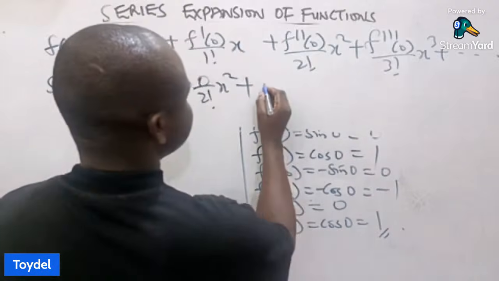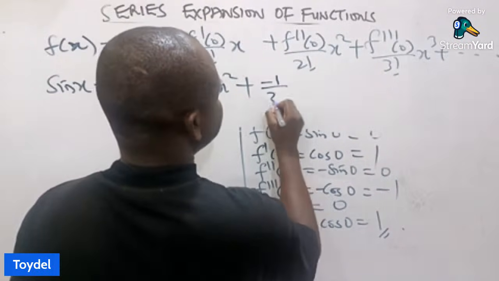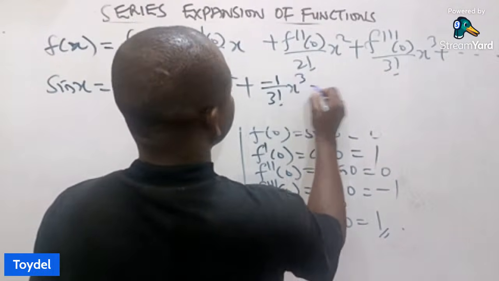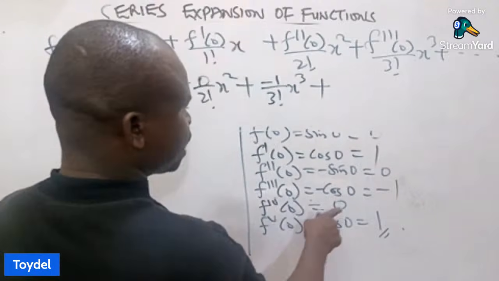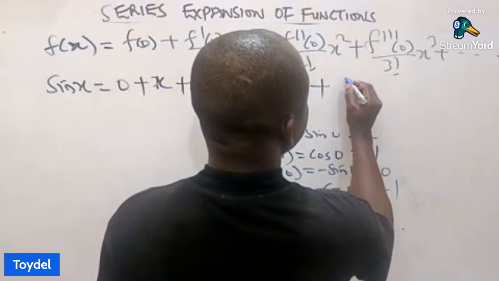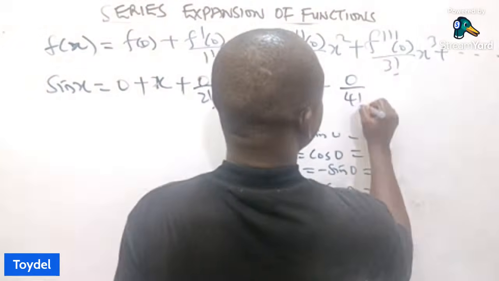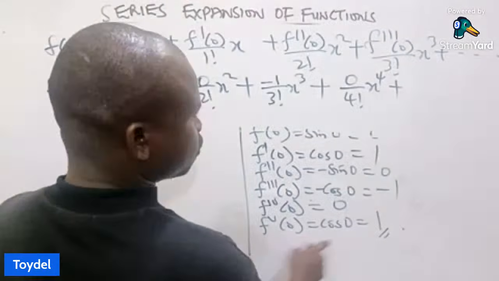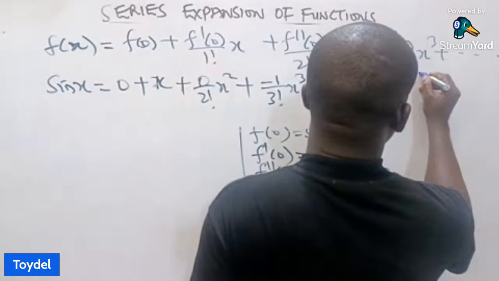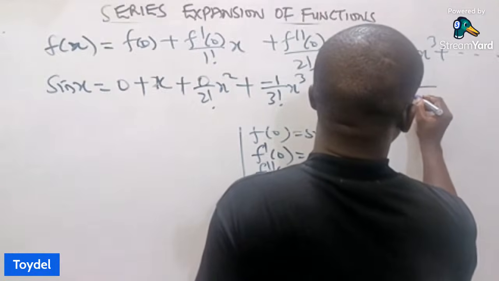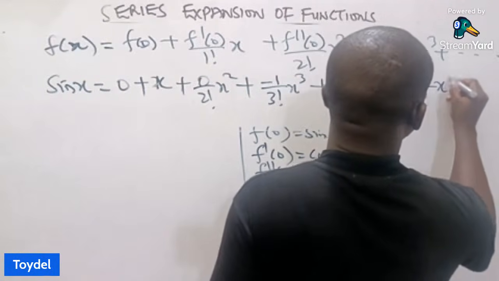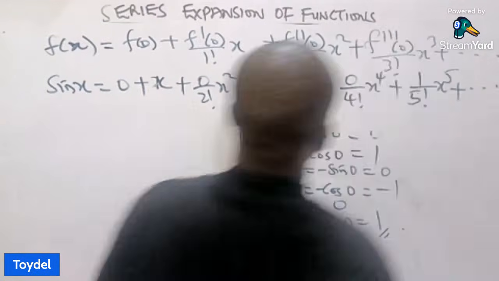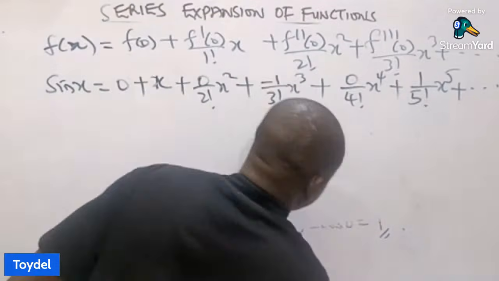So I'm going to have minus 1 over 3 factorial x cubed plus f4 of 0 is 0. So I'm going to have 0 over 4 factorial x to the fourth plus f5 of 0 is 1. So I'm going to have 1 all over 5 factorial x raised to 5 plus dot dot dot. That's what we are going to get.